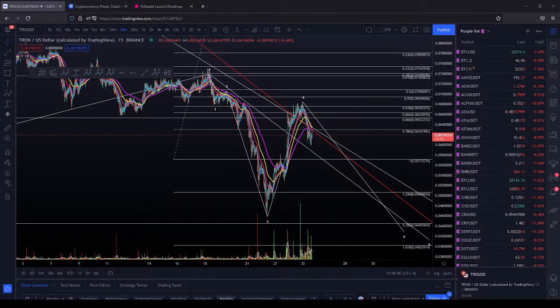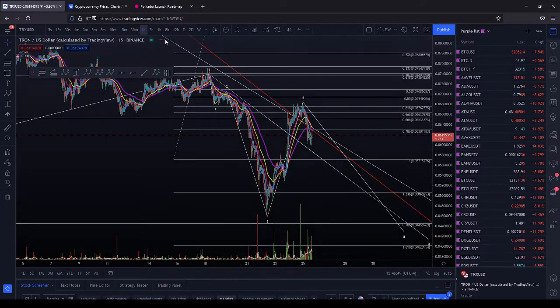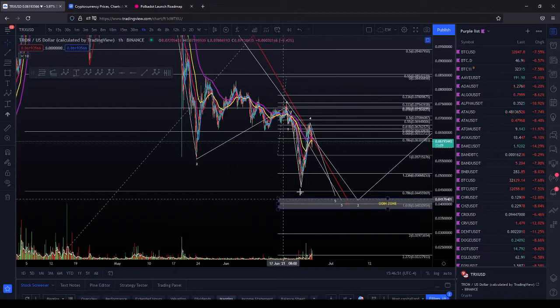Yeah, we don't have the same count at all though. You're counting upwards. You're counting as the correction is already done, like starting here, right? I don't think it's done. TRX does move against Bitcoin sometimes, but I don't think it will this time.